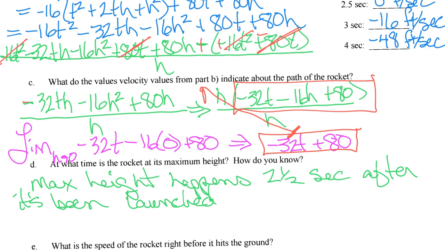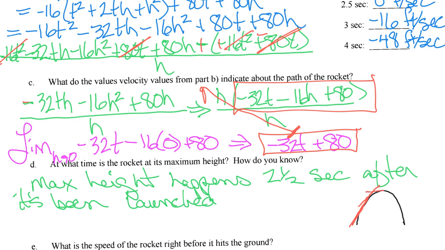So if you think about it, if I have my curve, and I know we said that this was a quadratic, we know that it opens down because it's a negative 16t. So as I'm looking for my instantaneous rate of change, this is after 1 second, 2 seconds.